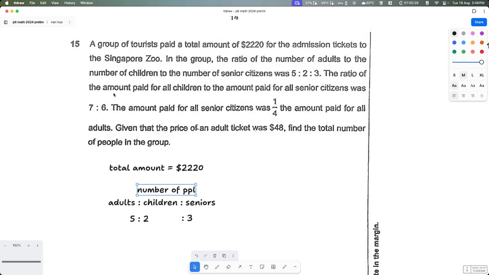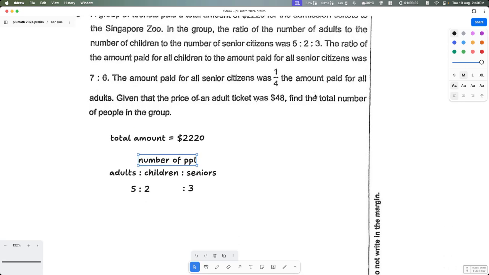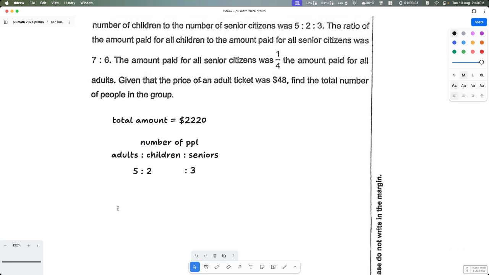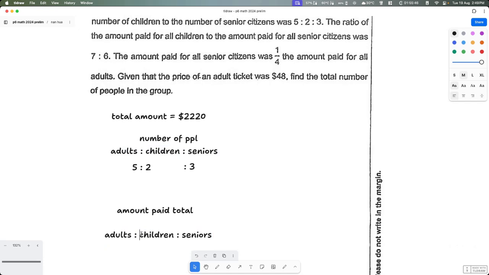Okay, so the ratio of the amount paid for all children to all senior citizens. So I will say amount paid total, same thing, right? In this case, this is children to senior citizens. The amount paid will be 7 is to 6. Like this, 7 is to 6.